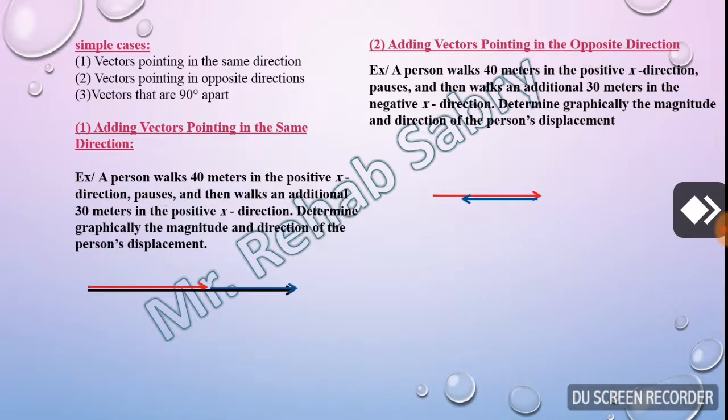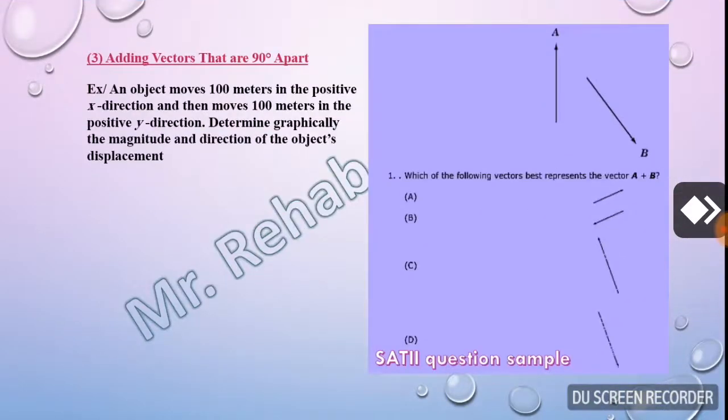Well, if the two vectors are 90 degrees apart, for example, an object moves 100 meters in the positive x direction. So this is 100 meters.